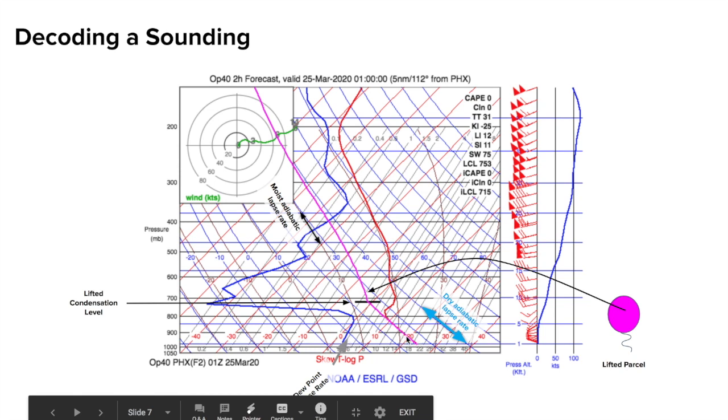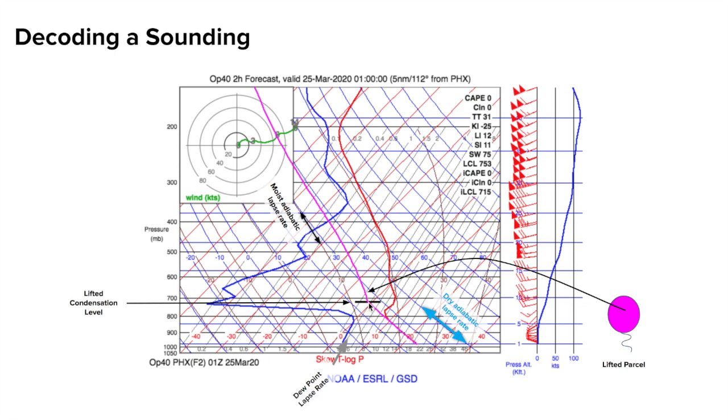Since the temperature is decreasing faster than the dew point, they will eventually meet. That's where we would say the temperature and dew point theoretically are the same, and this point is called the lifted condensation level. We'll talk a little bit more about this in subsequent slides, but I've got to get started somewhere with an introduction to everything.